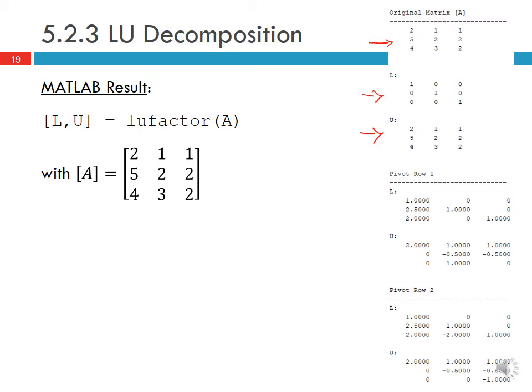And then after the operations where our pivot row is row 1, we end up with these versions of L and U, and then we move to pivot row 2, and after those operations, we get the matrices shown here, and this is our final result for our L and our U. So again, you can see that L is a lower triangular matrix and U is an upper triangular matrix. And with this definition, or this algorithm, the diagonal elements of L are 1.